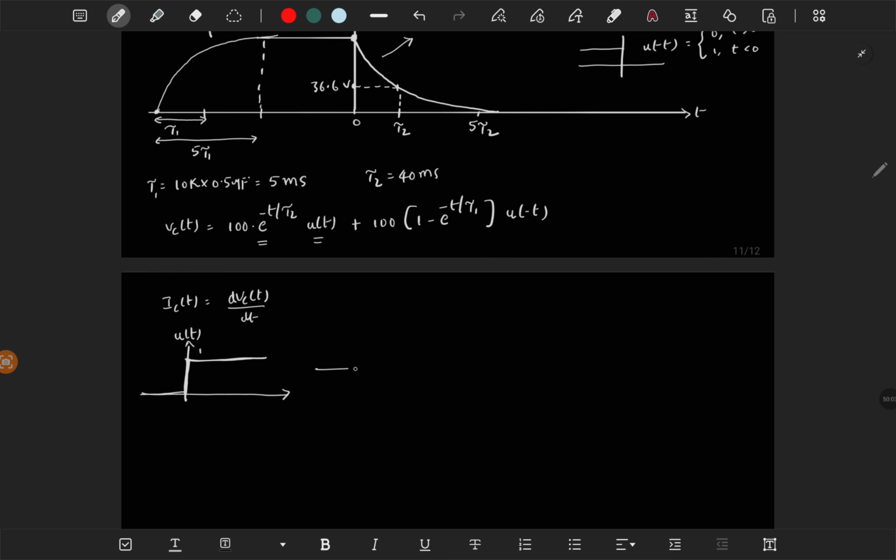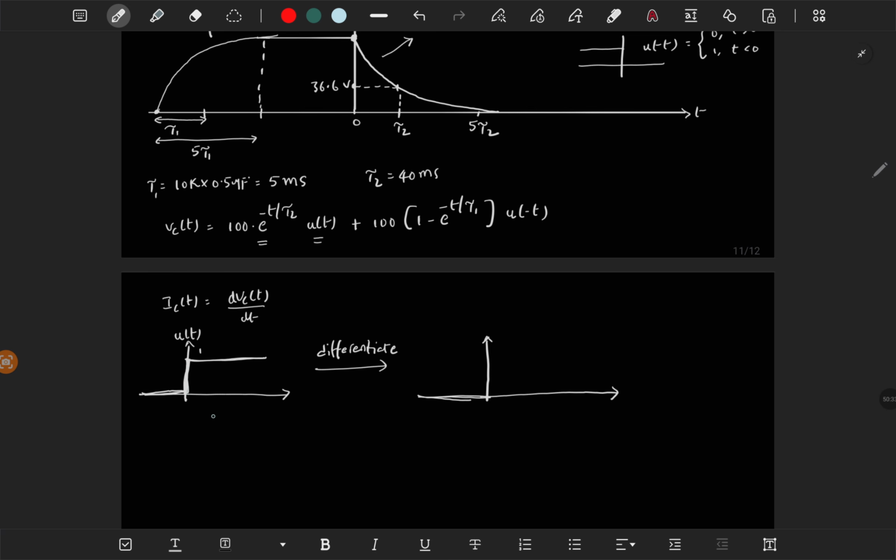So this is u of t. If you differentiate this one, this part is constant, so you will get 0.